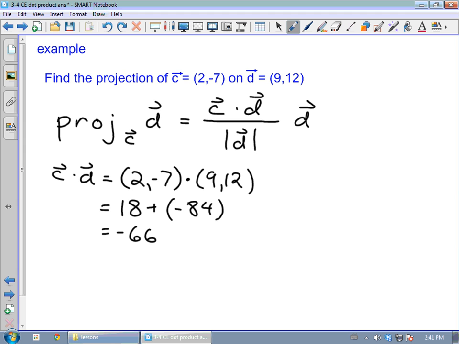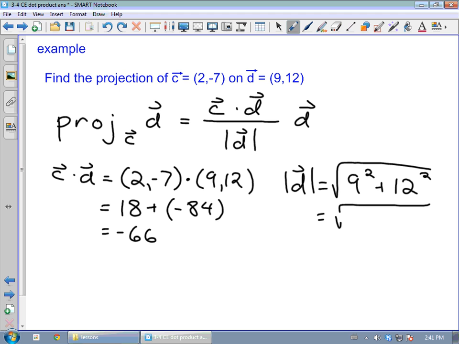Down in the denominator, we have the magnitude of D, so we can work out what the magnitude of D is. That's going to be the square root of, let's see, our x component is 9, so 9 squared plus 12 squared. Or the square root of, let's see, 9 squared is 81 plus 144, or the square root of 225.